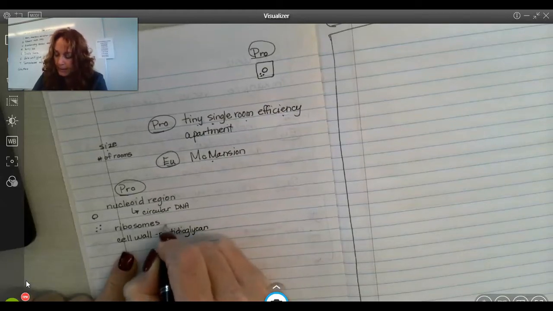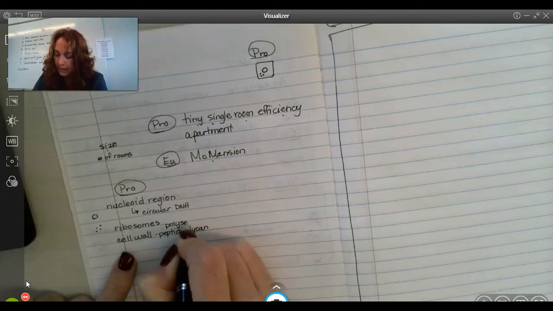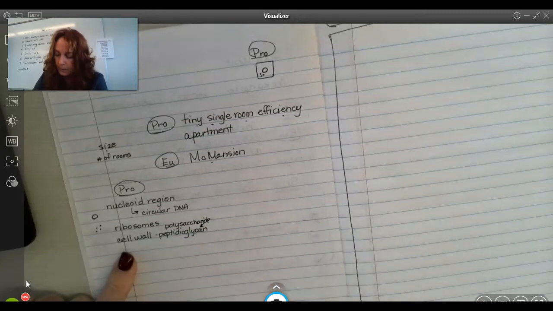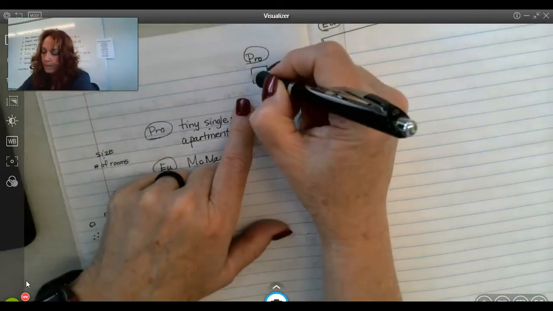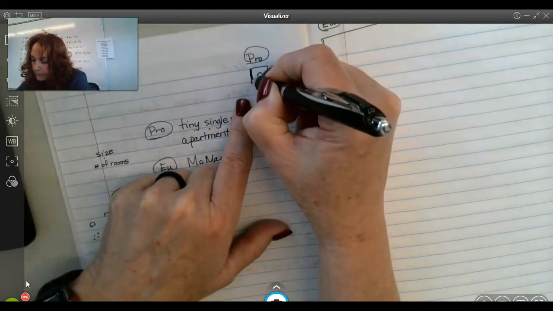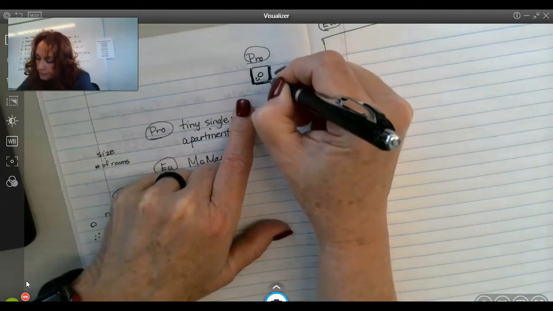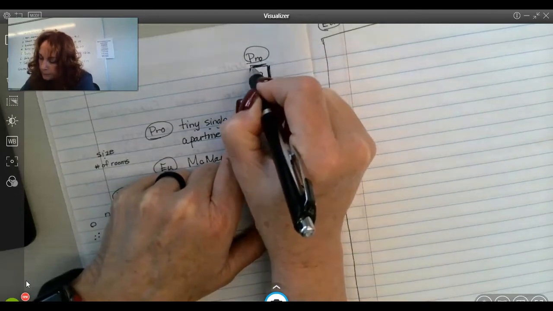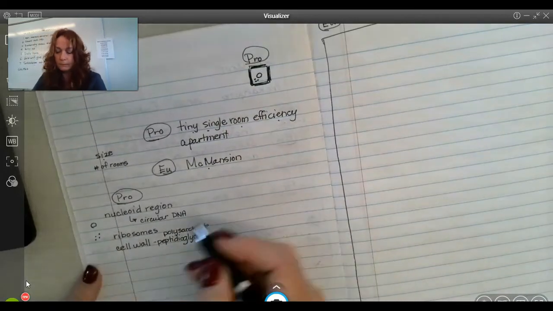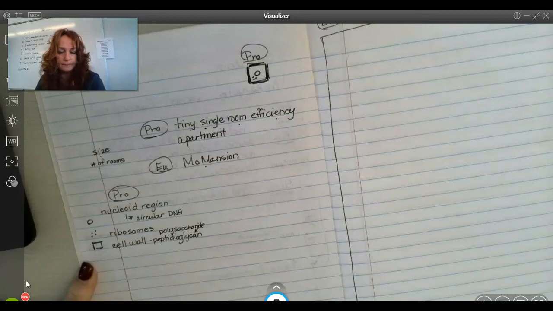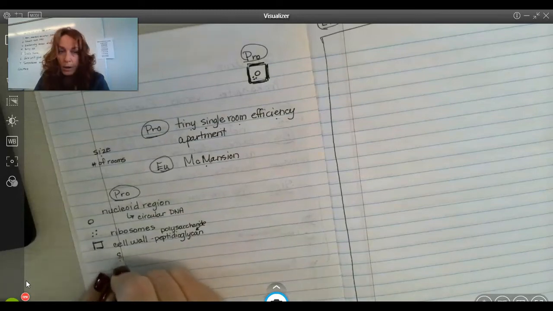And it is a polysaccharide, just like cellulose is. It's just a different structure. So there's my cell wall.